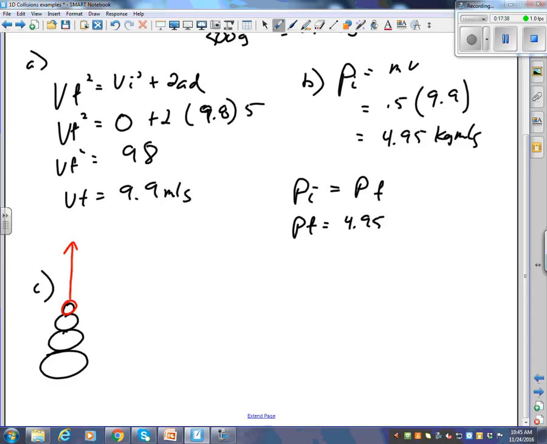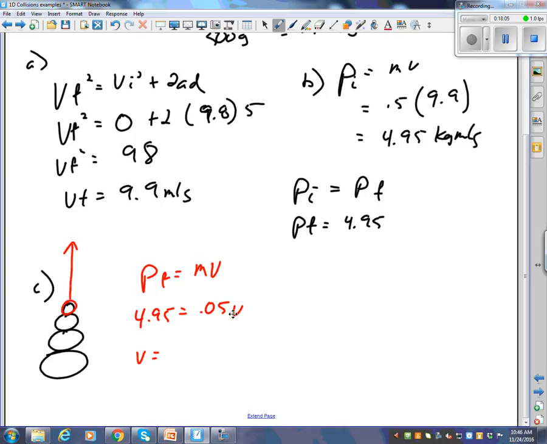Now it's just the 50, right? So PF is equal to mv, which is the 4.95, and the mass of the red ball, 50 grams, or 0.05 kilograms. It's 0.05. I was figuring 0 at the start.